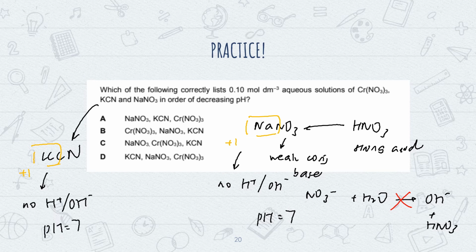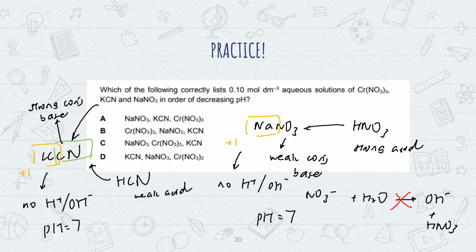Let's take a look at the anion side. The anion here is CN minus, a conjugate base derived from the acid HCN. Since HCN doesn't belong to our big three strong acids, it is a weak acid, which makes CN minus a strong conjugate base.